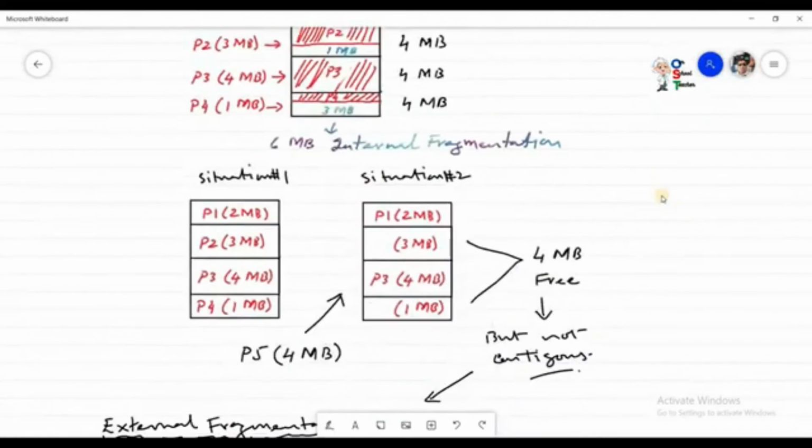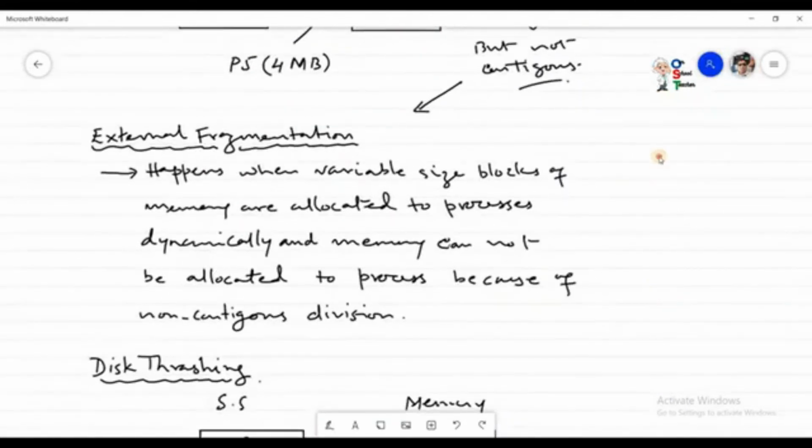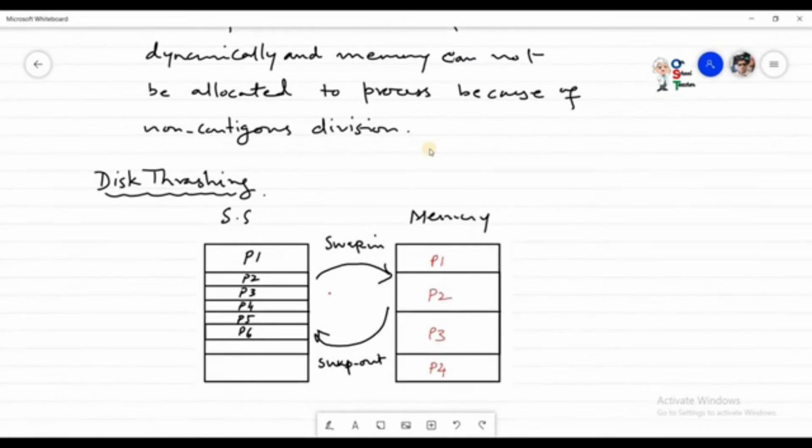Because of this, a problem occurs that is called disk thrashing, and usually this is in combination with when a hard disk drive is being used, and on the hard disk virtual memory is being made for paging.